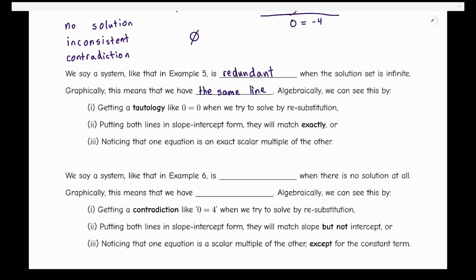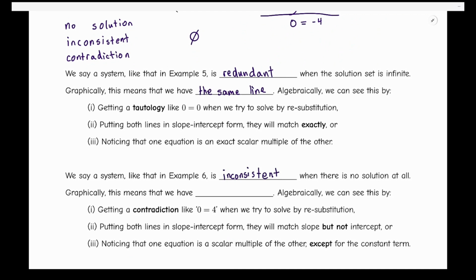Putting both lines in slope-intercept form, they will match exactly, or noticing that one equation is an exact scalar multiple of the other. We say a system like that in example 6 is inconsistent when there is no solution at all.